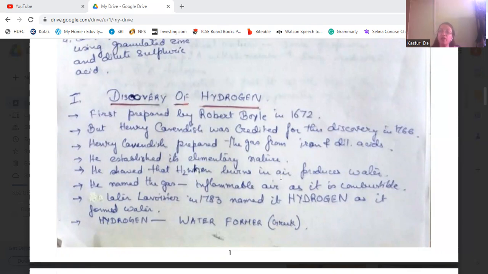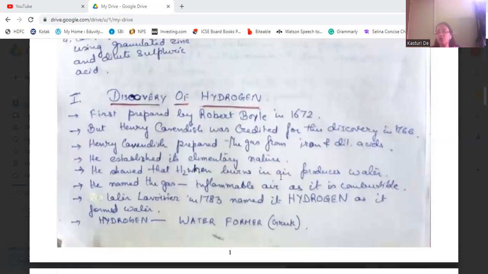He showed that hydrogen, when it burns in air, produces water, and he named the gas inflammable air, as it was combustible. But as hydrogen burns to produce water, Lavoisier in 1783 named it hydrogen.